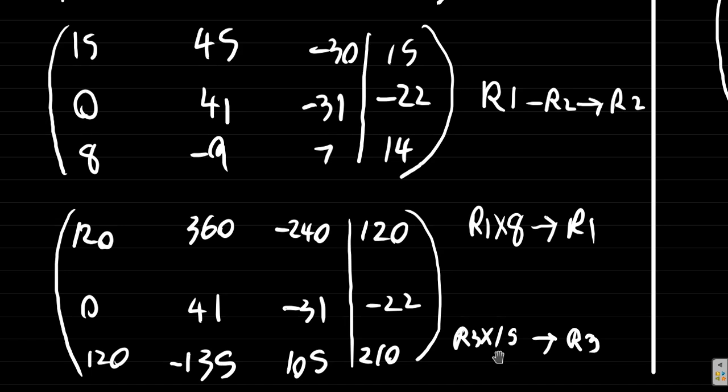But row 3, we multiply row 3 up here by 15. So 8 by 15 will give us 120, as we have here. Then negative 9 by 15 gives us negative 135 here.